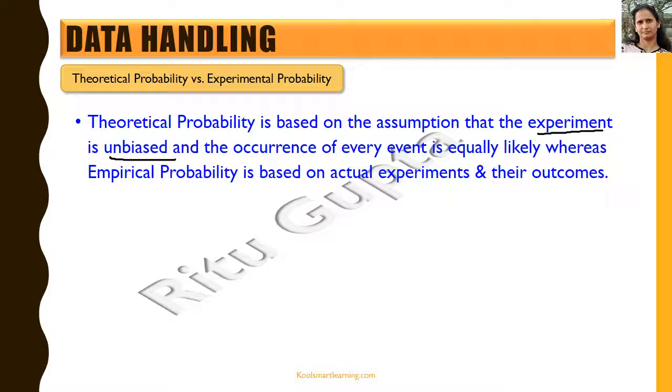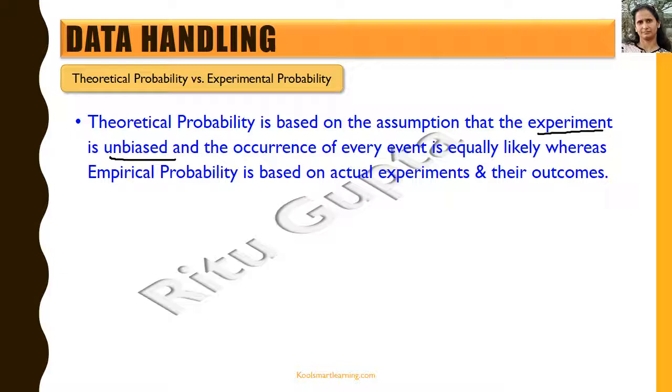So the basic assumption is that the experiment is unbiased and the occurrence of every event is equally likely. So in case of a coin, it is equally likely to get a head or a tail. In case of a dice, it is equally likely to get a 1 or a 2 or a 3 or any number till 6.